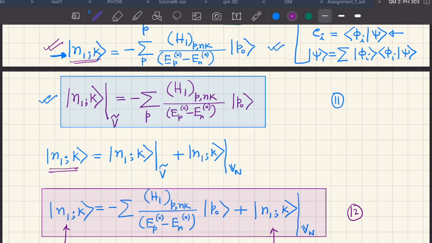This N1K, we only had figured out the component which is along V tilde. We were not able to figure out what is the component of N1K along Vn direction, or in the degenerate subspace direction. That we have still not found out with the help of the first order equation only.